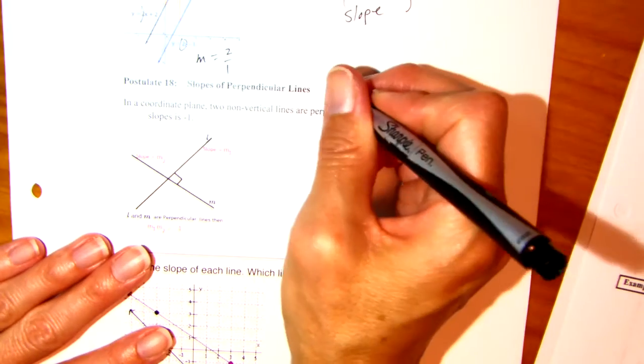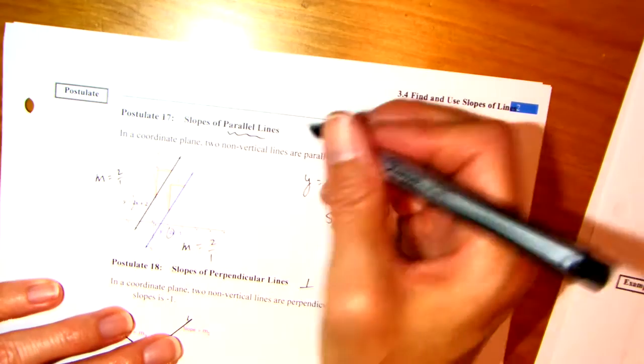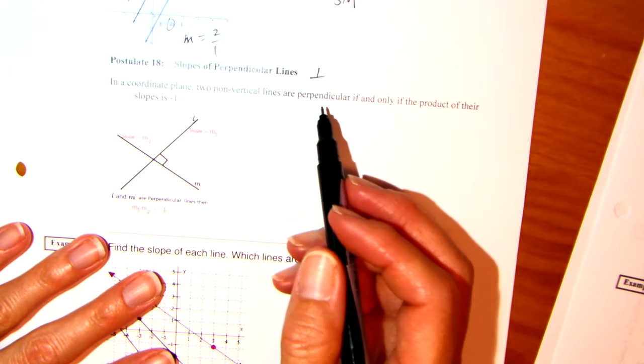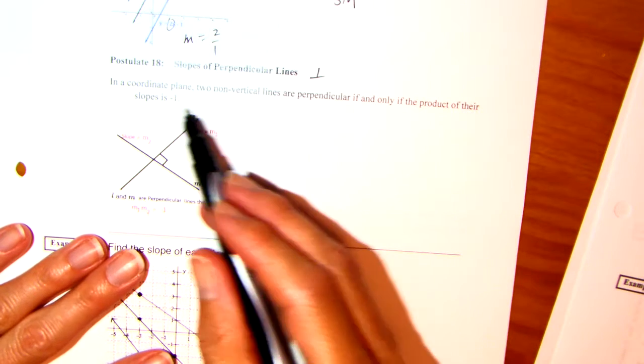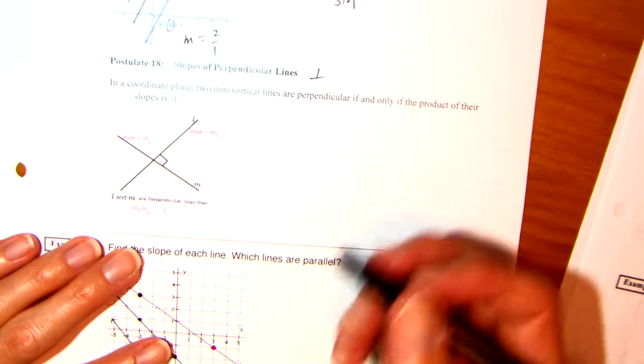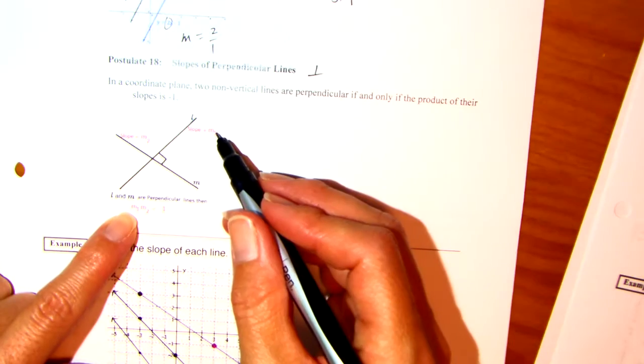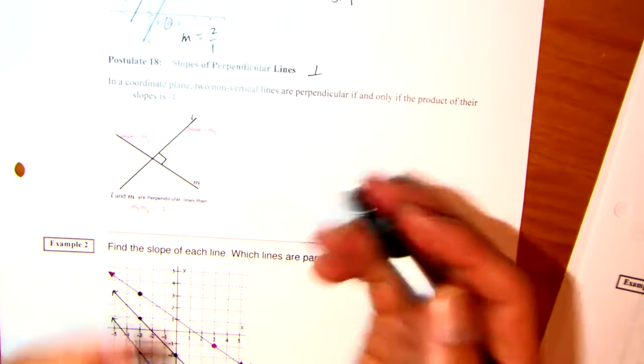Perpendicular lines. Usually you use this symbol for perpendicular, this for parallel lines. Okay, so in a coordinate plane, 2 non-vertical lines are perpendicular if and only if the product of their slopes is -1. So basically they have to be opposite reciprocals. So if I take the slope from line 1 times the slope from line 2, it equals -1.